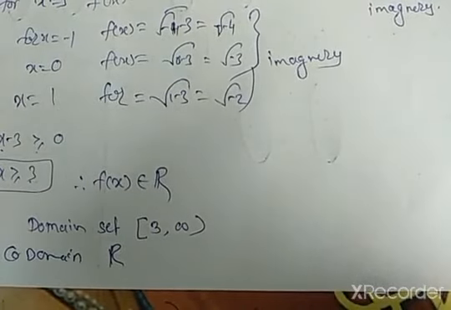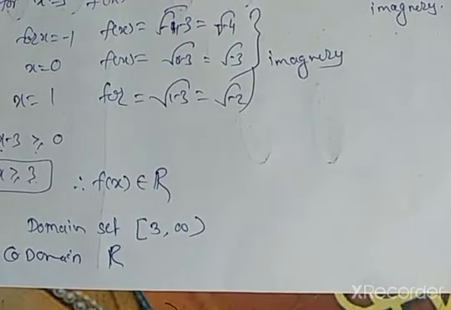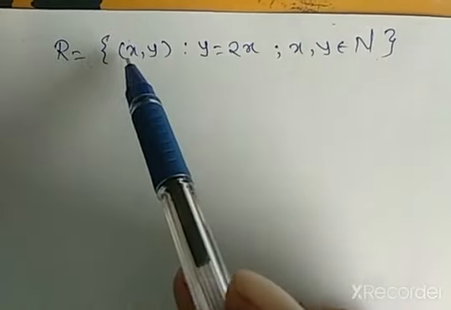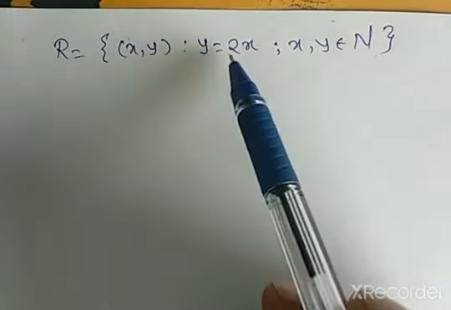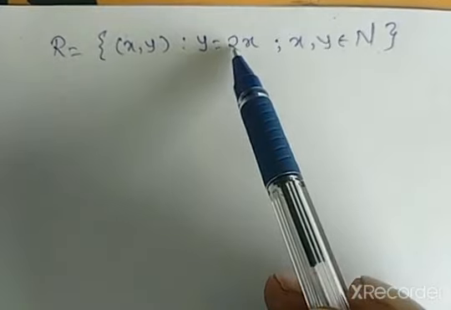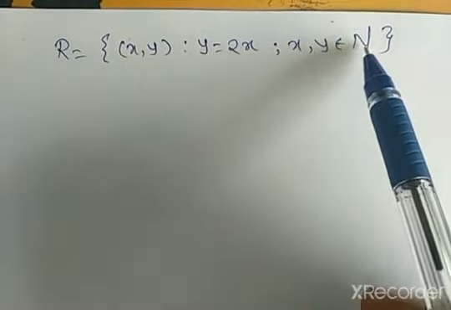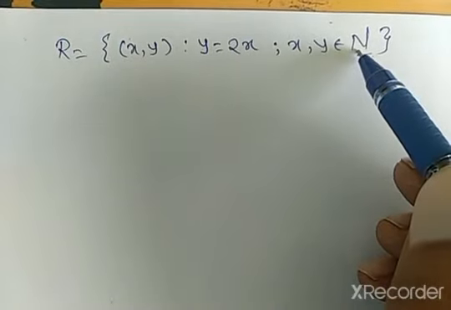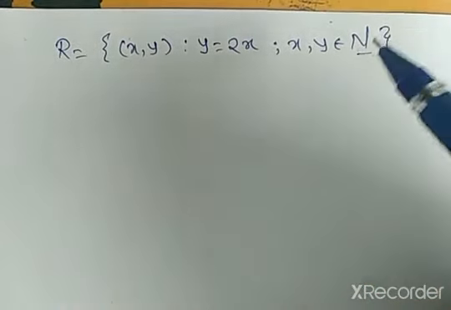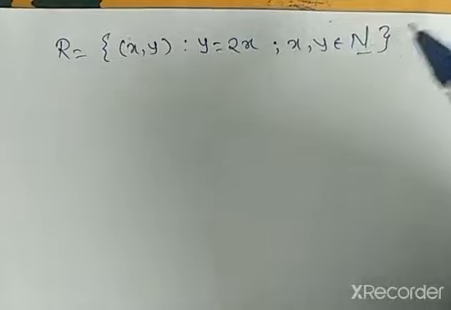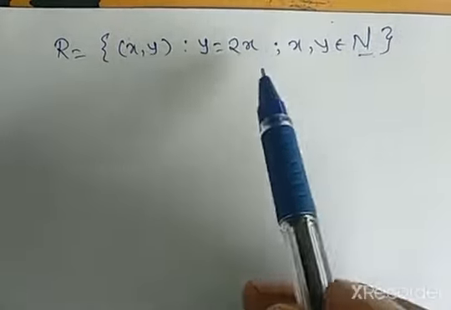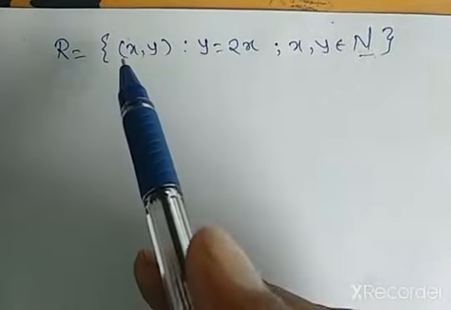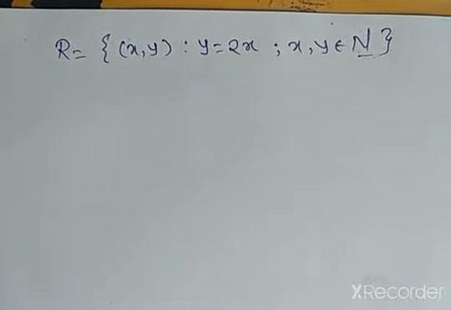Okay, for these examples. Now consider the next example. Given R is the relation of ordered pairs (x, y) such that y is equal to twice x, and x, y belong to N, the natural numbers. So the function is from N to N. We have to find the domain, codomain and range of R. First we check whether it is a relation or not.